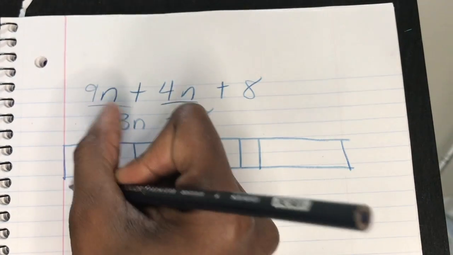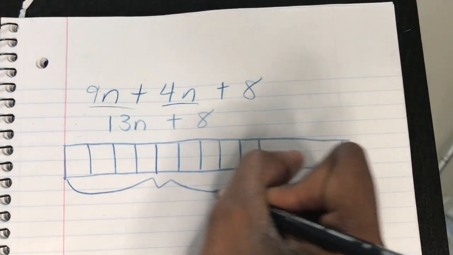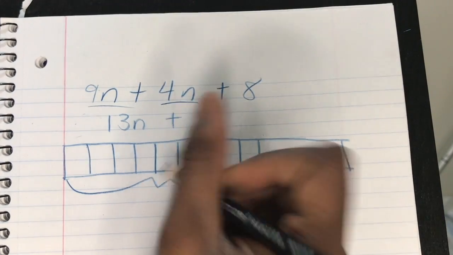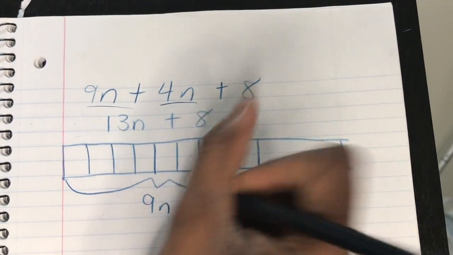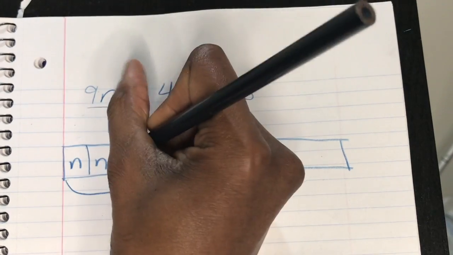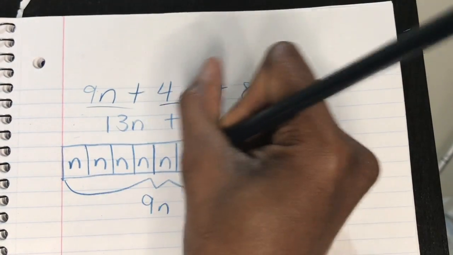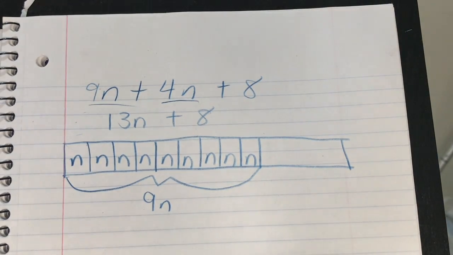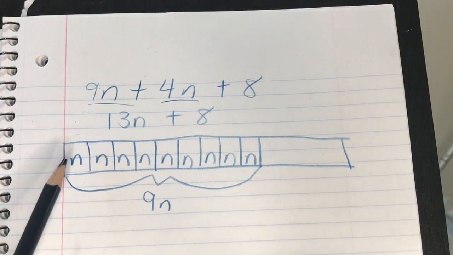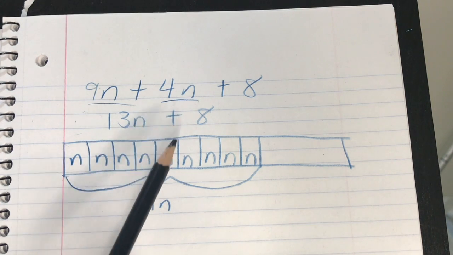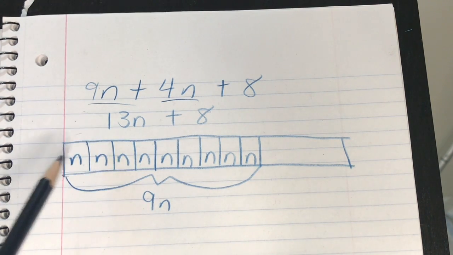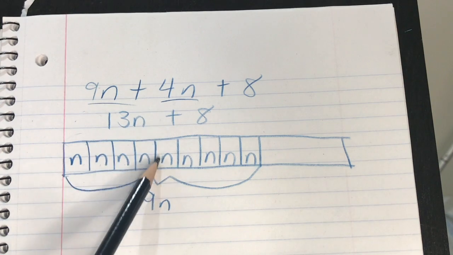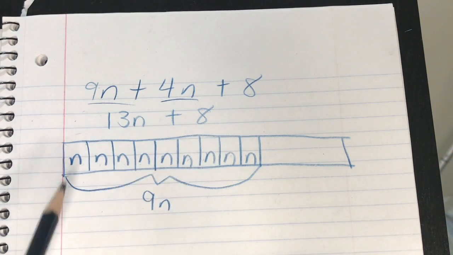So this is 9N because each one is an N. So this is what 9N looks like if it had a look. So each individual one, combining it together, that's 1, 2, 3, 4, 5, 6, 7, 8, 9 N's.